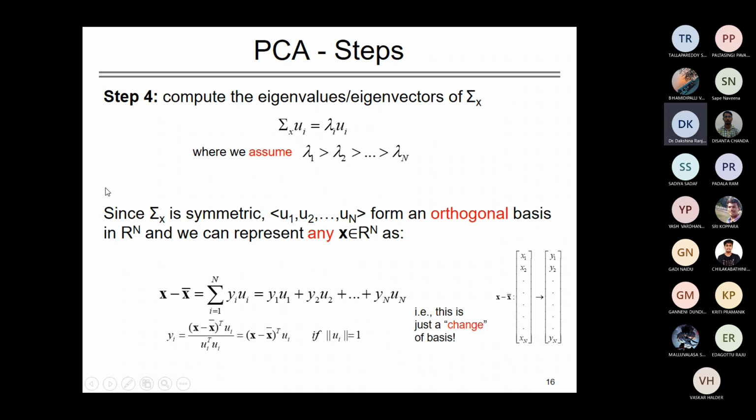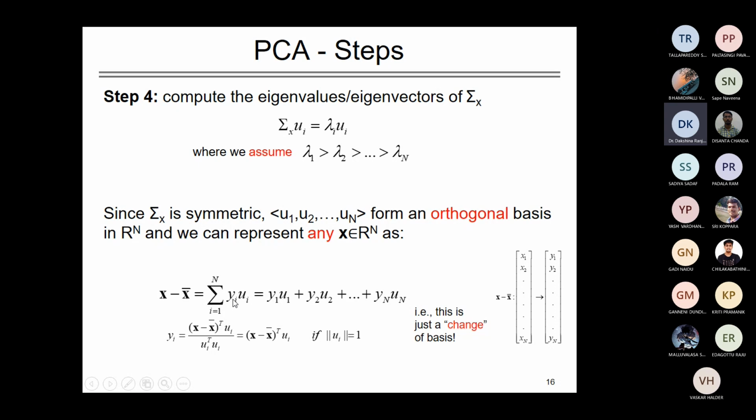Now sigma x is symmetric, so we can form an orthogonal basis in the n-dimensional feature space, and we can represent any feature vector in that space as x minus x bar, which is a linear combination, summation over yi ui.